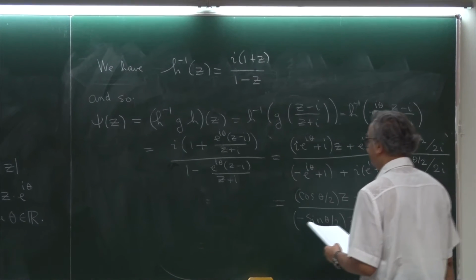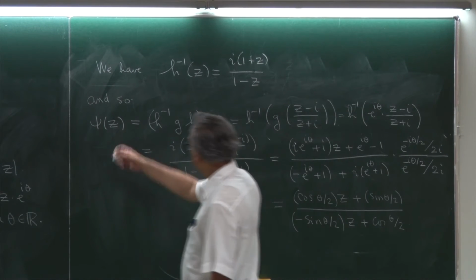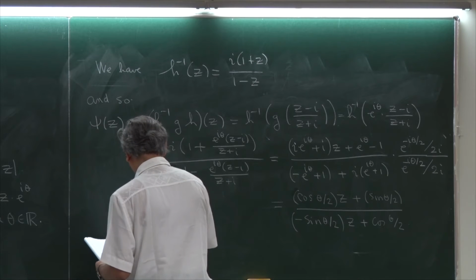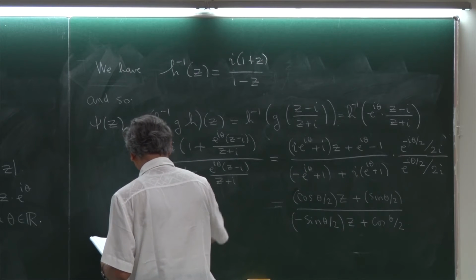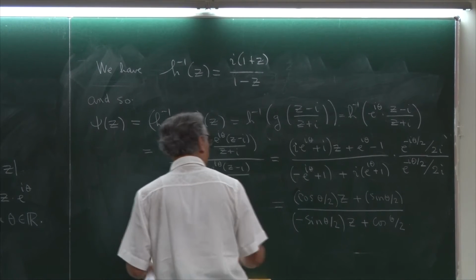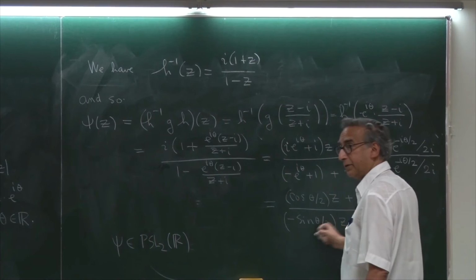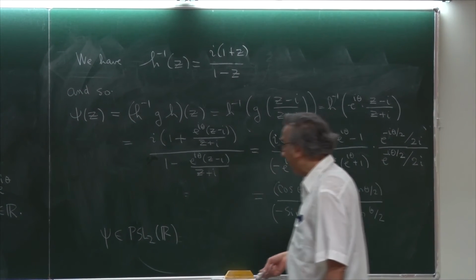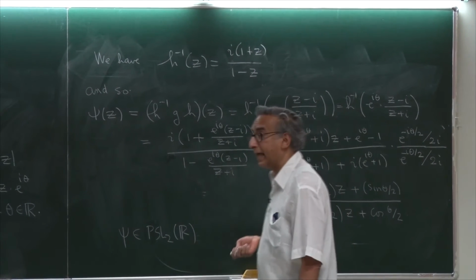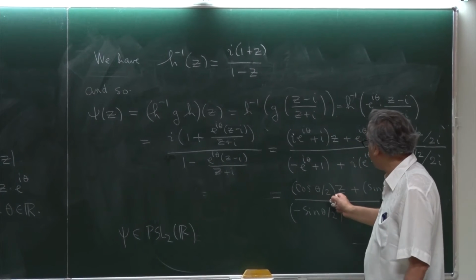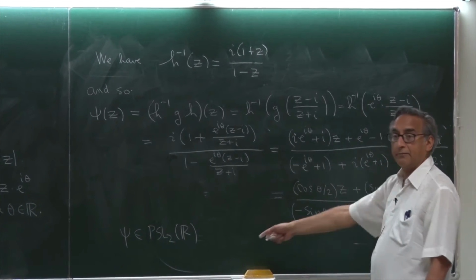In other words, psi can be thought of as corresponding to PSL2R. That is, psi corresponds to this matrix cos theta over 2, sine theta over 2, minus sine theta over 2, cos theta over 2, which has determinant 1, and that's the action on the upper half space. So the action of psi is given by an element of PSL2R.